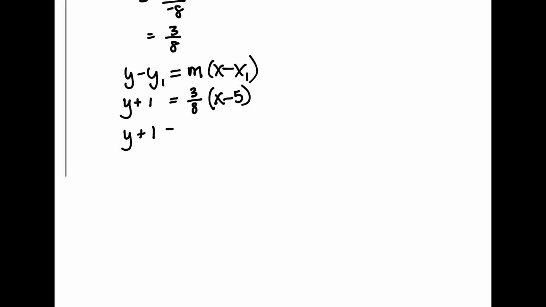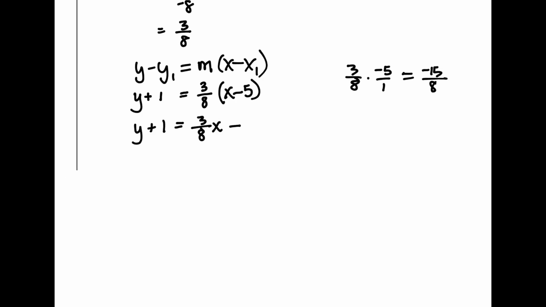Y add 1 is equal to 3/8 x minus, so 3/8 times -5 over 1, multiply straight across, and we get -15/8. It's not going to simplify, so that's what we get.